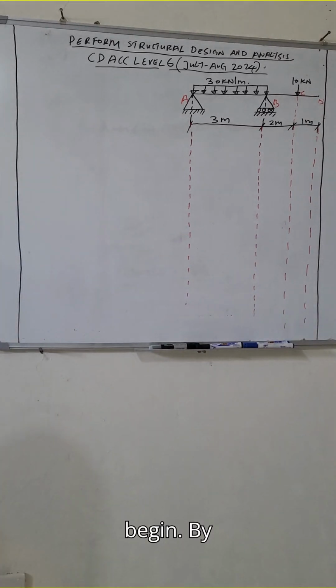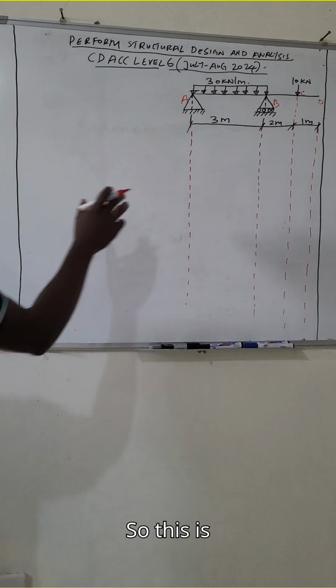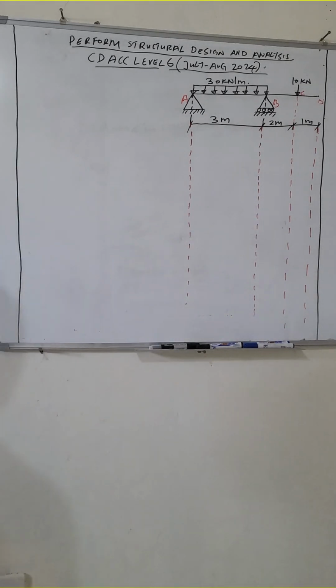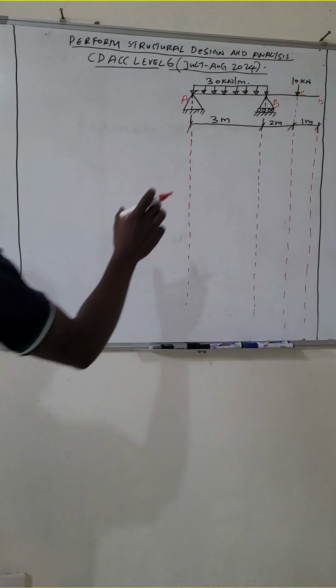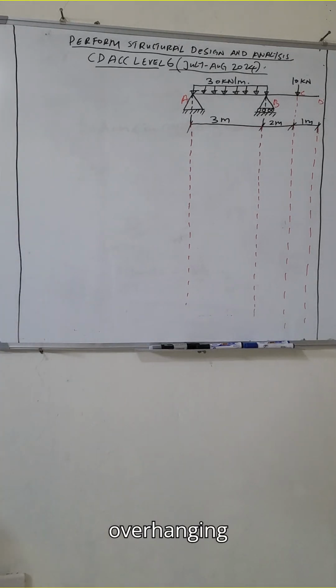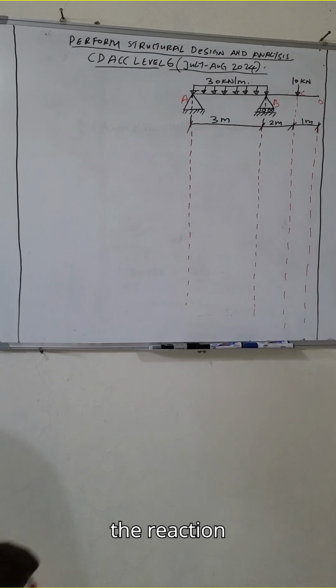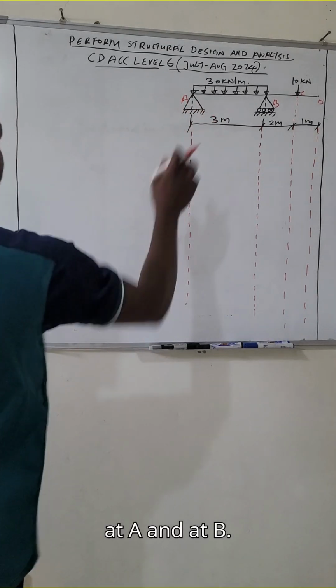So let's begin by calculating the reactions. The first thing to note on this beam is that it is an overhanging beam, a single span overhanging beam. So you will apply the three equations of equilibrium to calculate the reactions at A and at B.